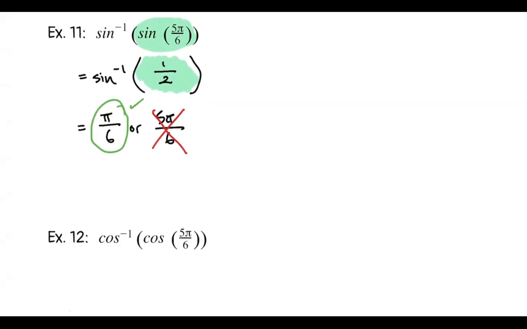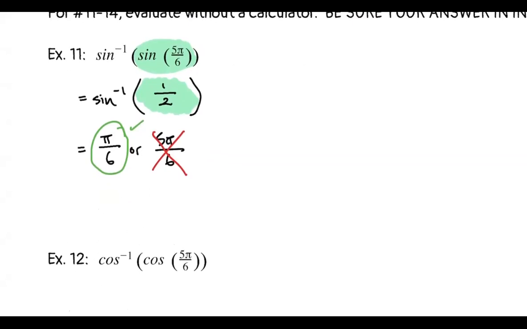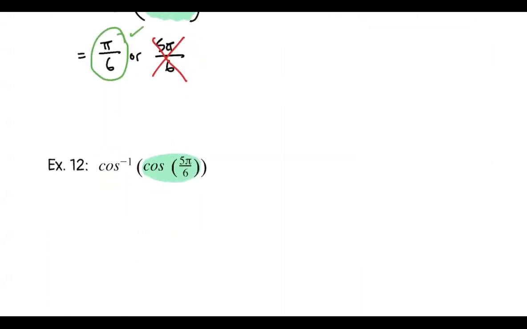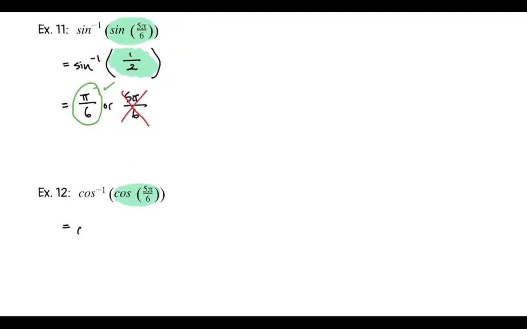Great. Let's try that same idea with example 12. I'm going to want us to start by evaluating the part in the green. Okay. So we're looking for cosine of 5 pi over 6. I'm going to write the rest of the question.